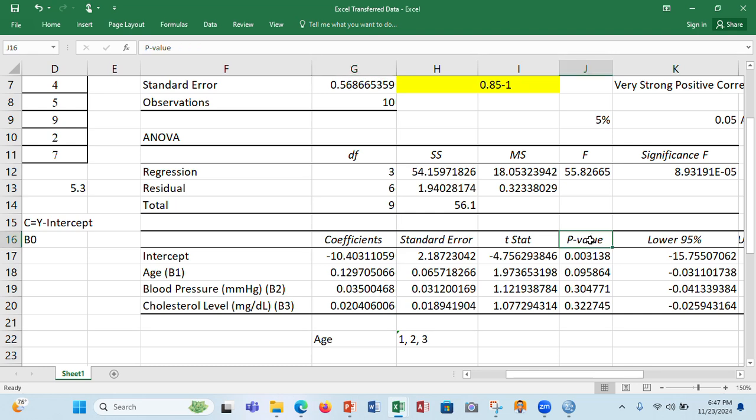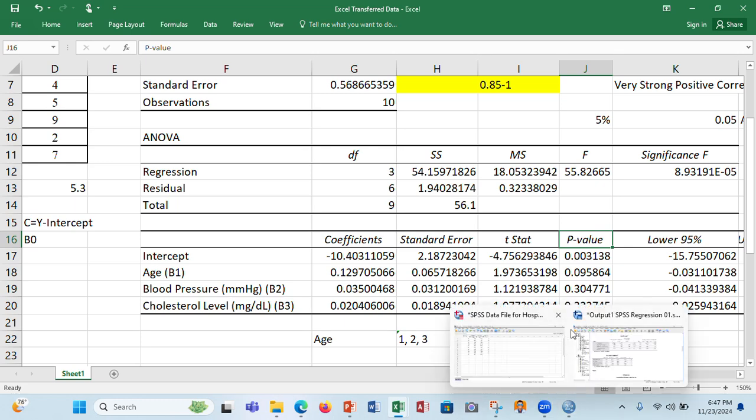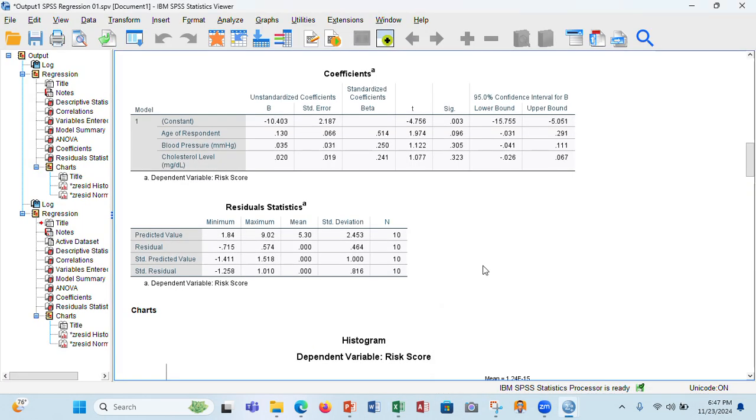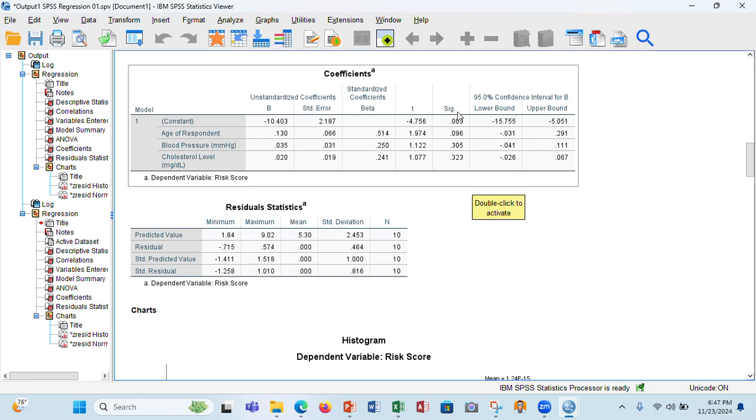So p-values are also called levels of significance. Now that we are basing in SPSS, so as not to get confused with the language, significance levels here are also called p-values for specific variables.